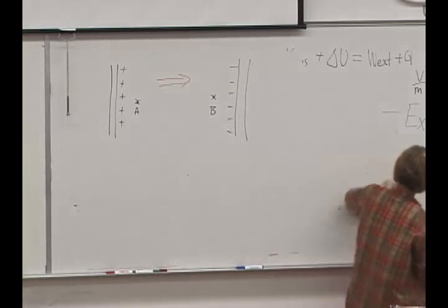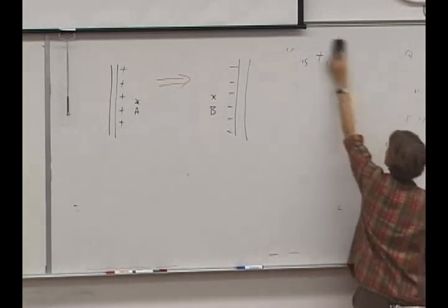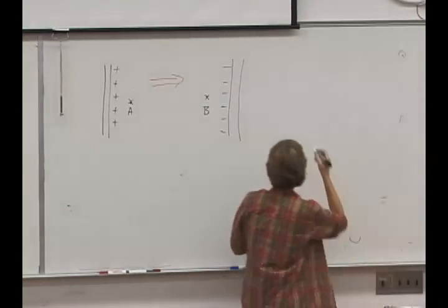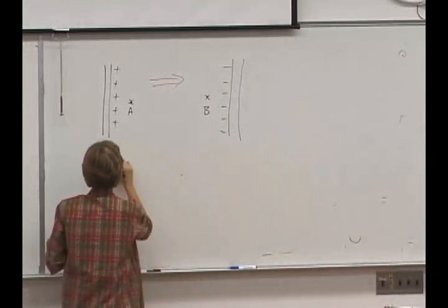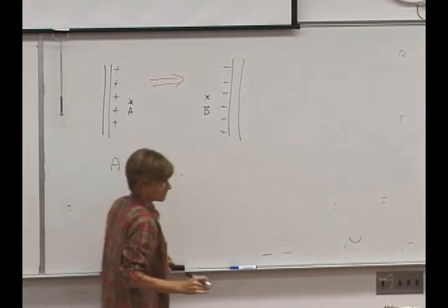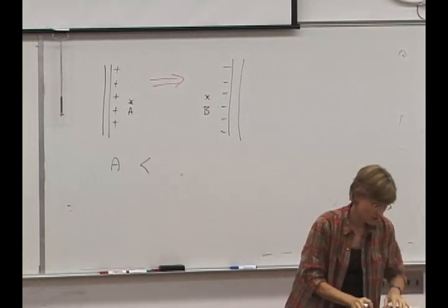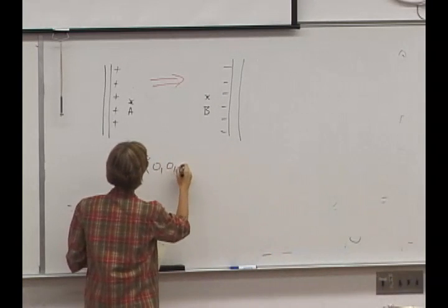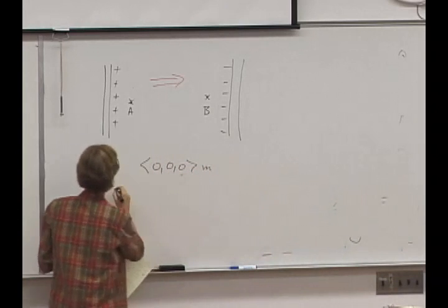Let's say that location A is, let me use the numbers I've got here. We'll make it simple. We'll put the origin at A, 0, 0, 0 meters.